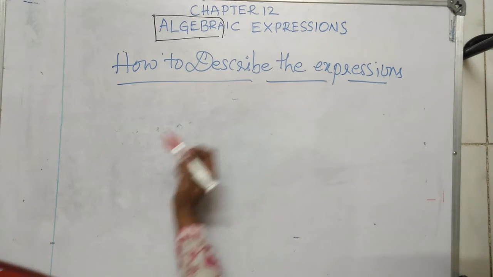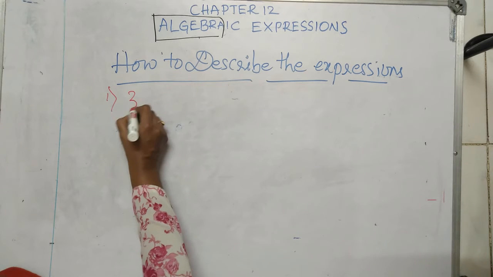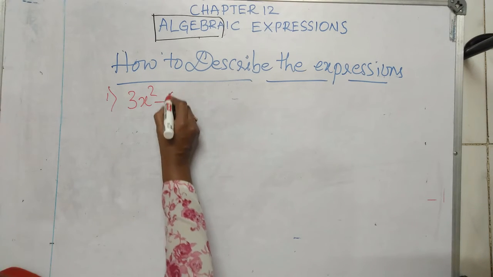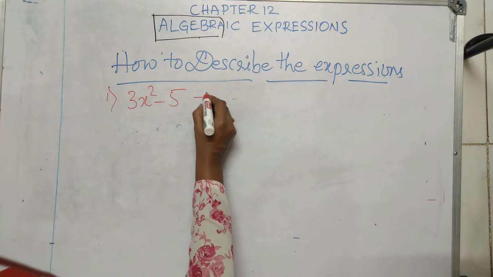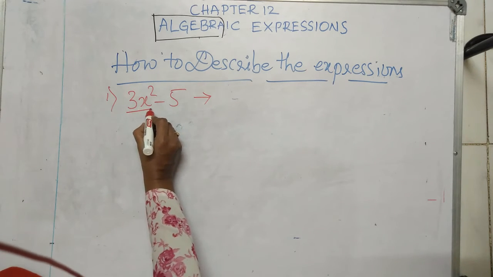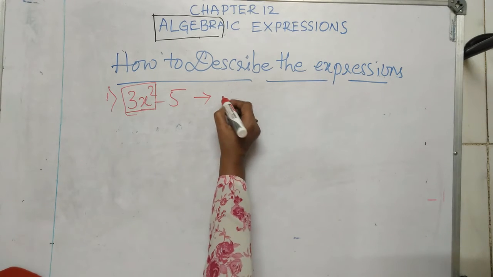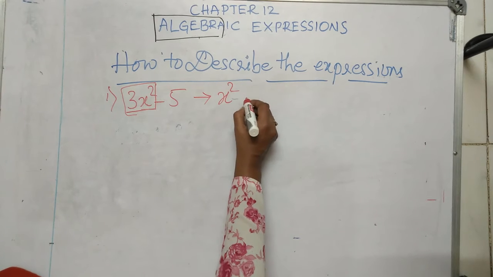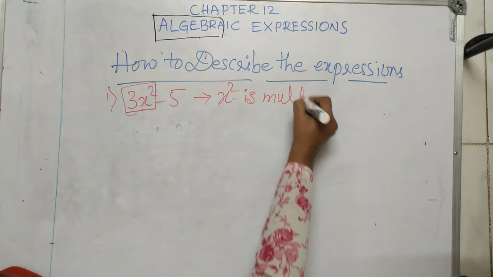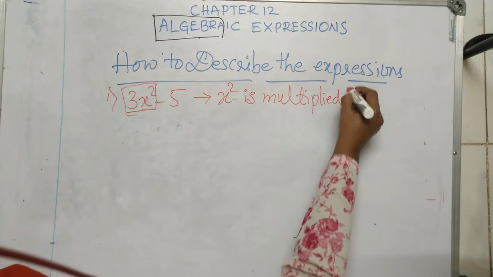Let us learn how to describe the expressions. Example, 3x square minus 5. How to describe this? First let us take 3x square, where the variable is there. X square is multiplied by 3.